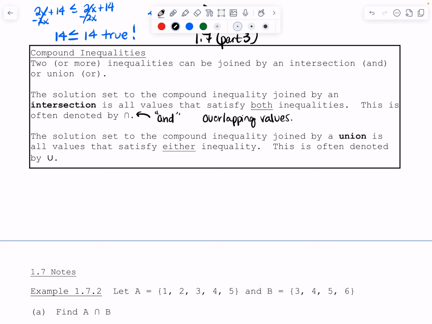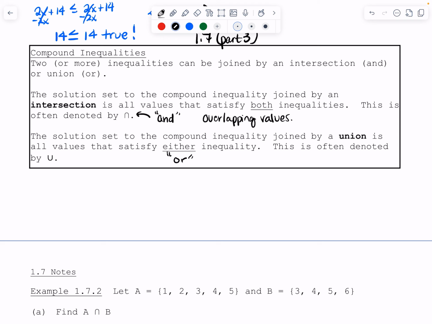Okay, so now we're going to look at union. A union is designated by what looks like a U, so that one's easy to remember. And all values satisfy either inequality. So this is an "or." Union, it goes with "or."